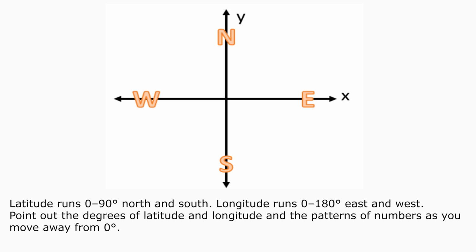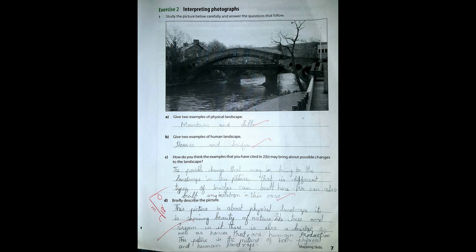Now, open workbook page number 7. Here is exercise 2, interpreting photographs. Study the picture below carefully and answer the questions that follow. A. Give two examples of physical landscape.